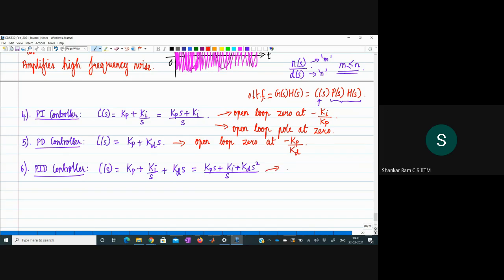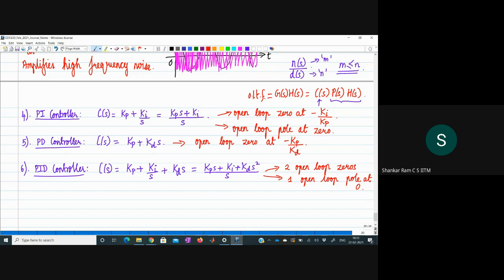The order of the numerator polynomial is more than the order of the denominator polynomial. So as a standalone block, it's not a proper transfer function.